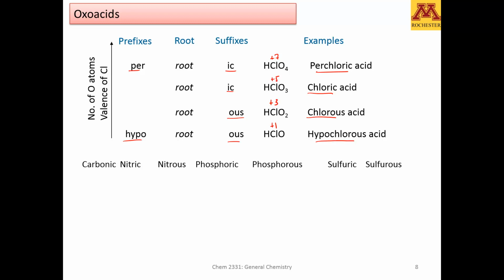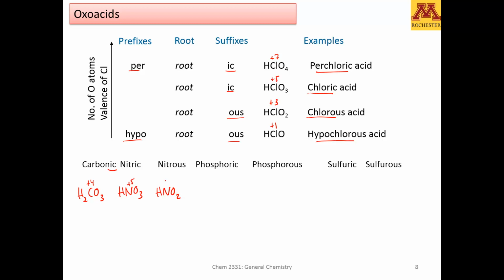Okay, so in this case, for carbonic acid there's only one possible oxidation state, and this is carbonic acid. Nitrogen's oxidation state is +4 here, so by default it's going to be the -ic termination. Okay. This is nitric acid and this is nitrous acid, and there are just two.